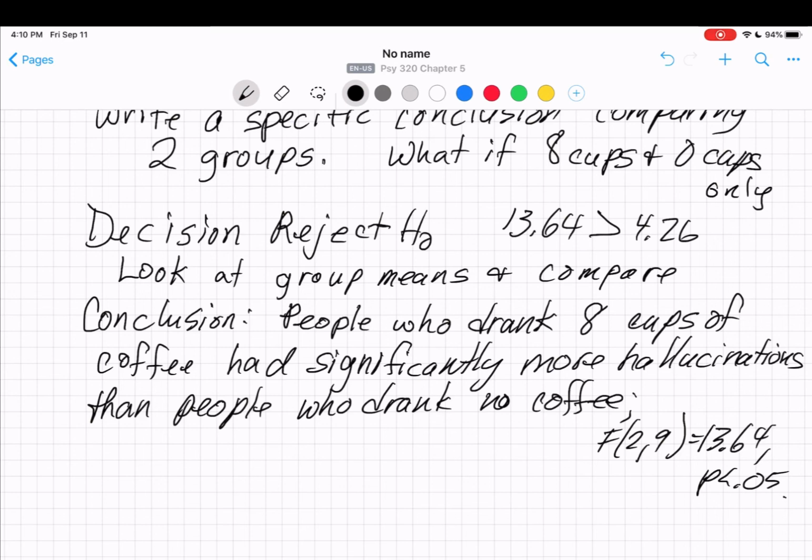The main thing that changes is that when you only have 2 groups, you want to talk about how the 2 groups, 8 cups, 0 cups, no coffee, you want to mention both of them and say which one had significantly more or significantly less than the other.